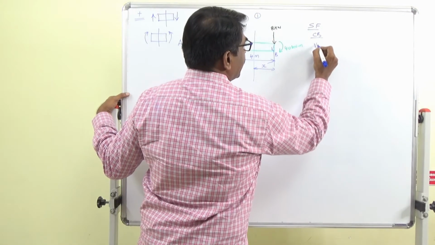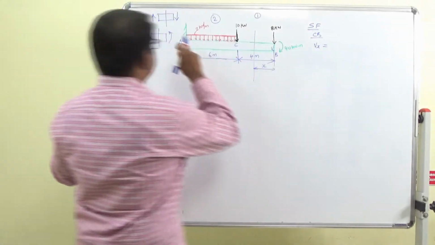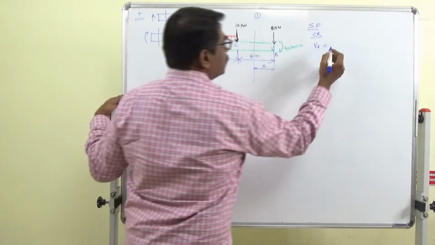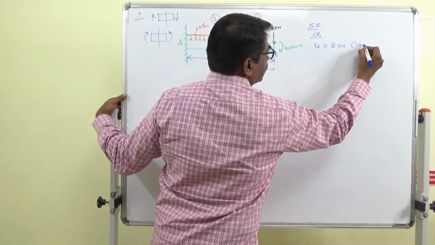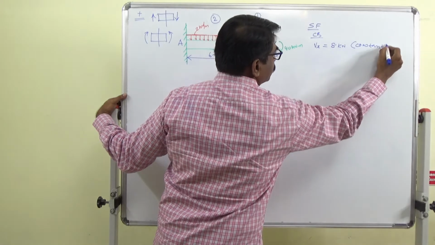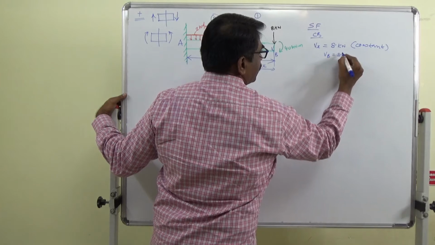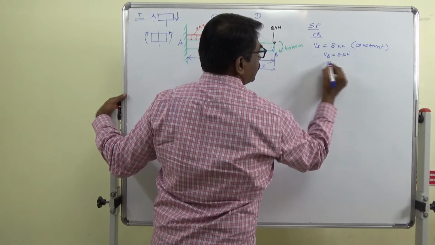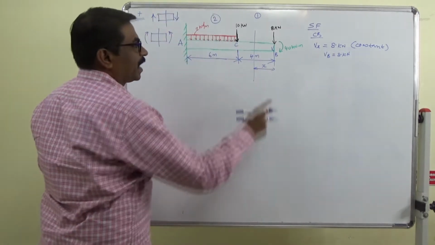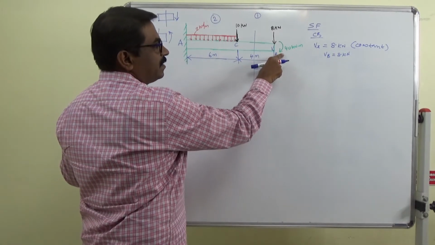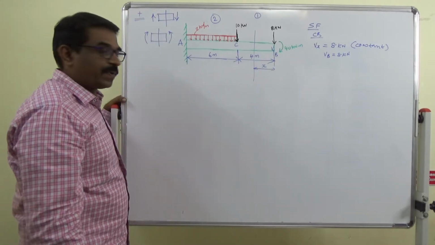So Vx equals, right side downward is positive, 8 kilonewton, it's a constant. So at B we are getting 8 kilonewton. Between CB it is constant, and we should not add the couple with the force, right?